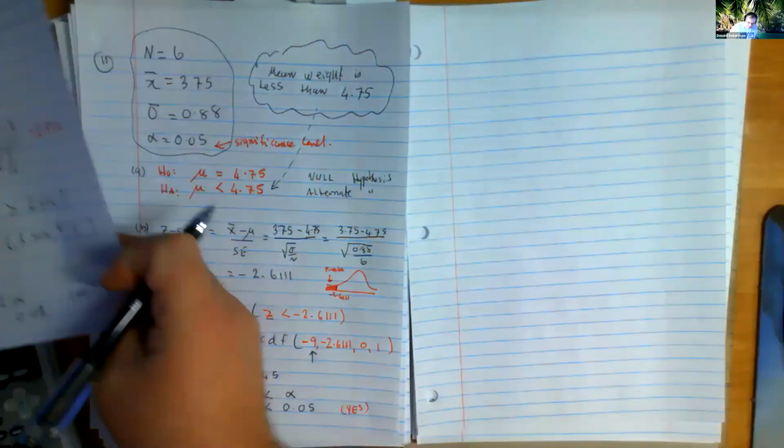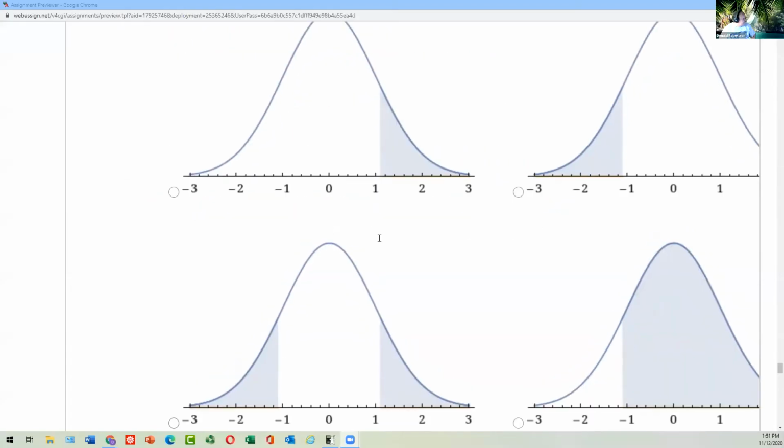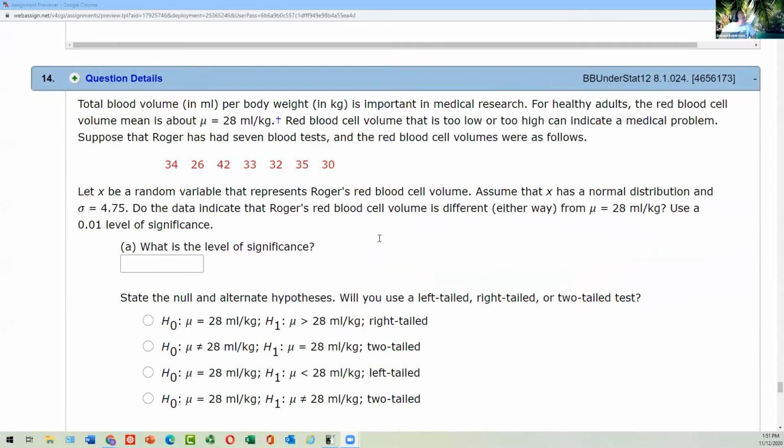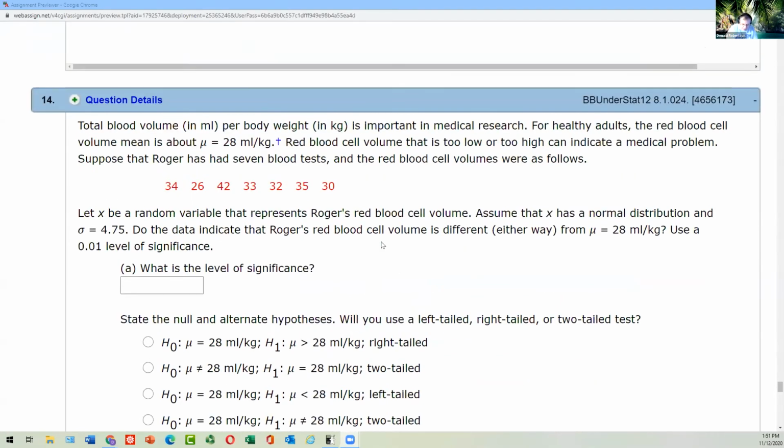Okay, we're on to our last guy. Definitely this time. And I'm going to put it on the screen for us. So in question 14, we're doing a hypothesis test on something to do with blood.